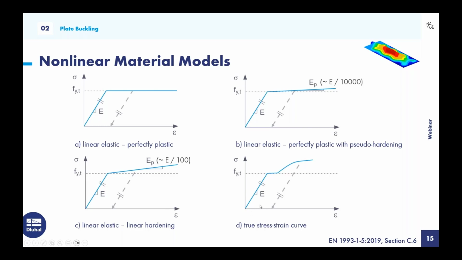But the Eurocode also allows to take the hardening into account. So we could use a bilinear model with a linear hardening of E divided by 100, for example, or similar value, or if we are certain about the material properties of the steel we use, we could also put in our true stress strain curve. But in our example, we will stick with a linear elastic, perfectly plastic material model with pseudo hardening.